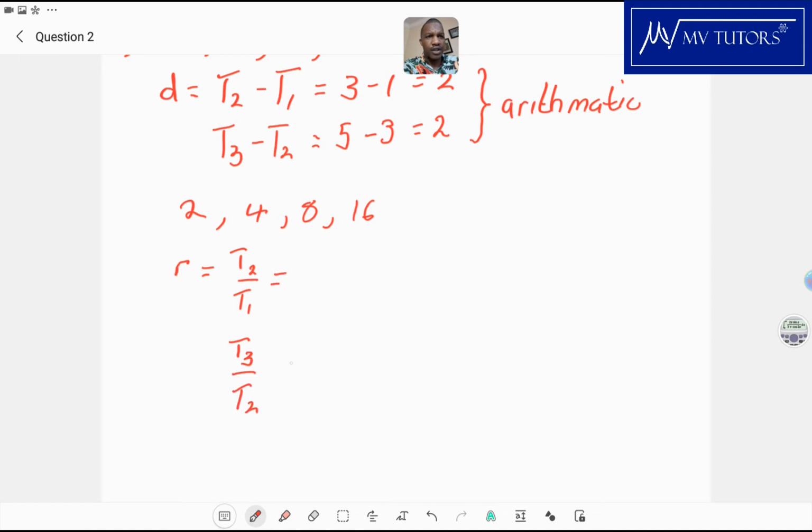So let's see if they give us the same number. Term 2 is 4 over 2, which gives us 2. Term 3 is 8 over term 2, which is 4, which gives us 2 as well. And this makes it geometric.